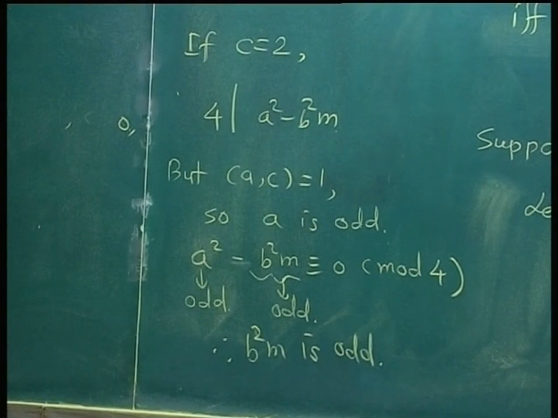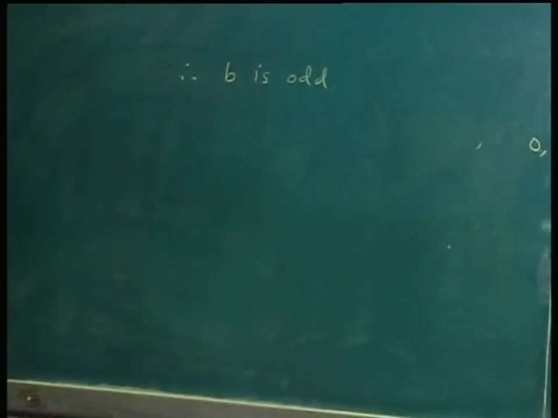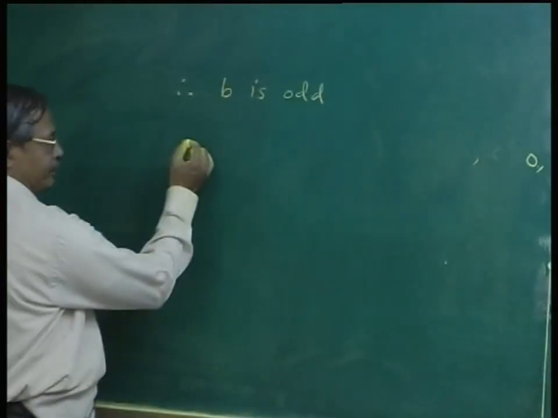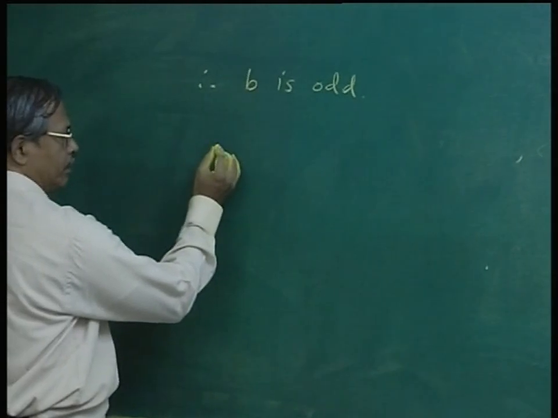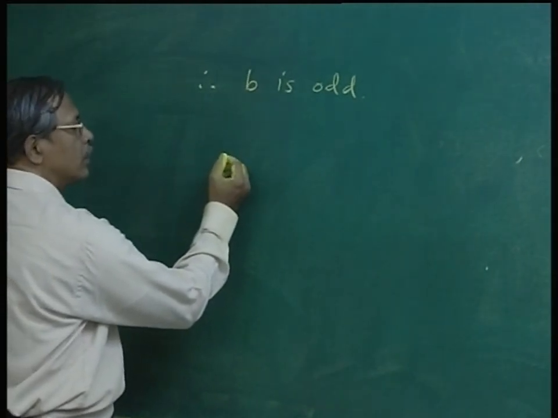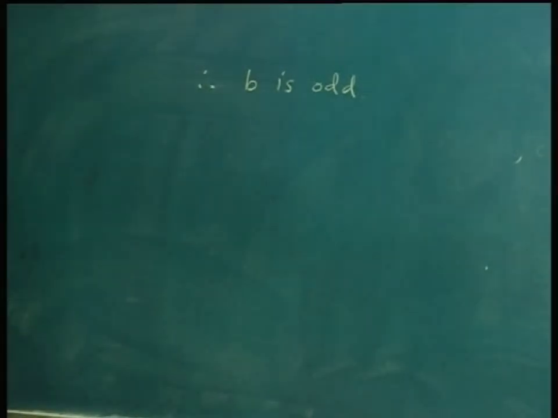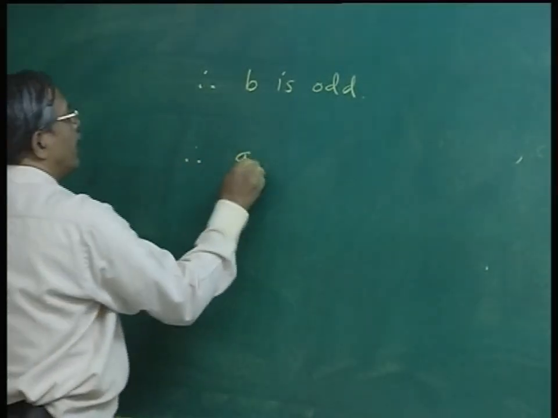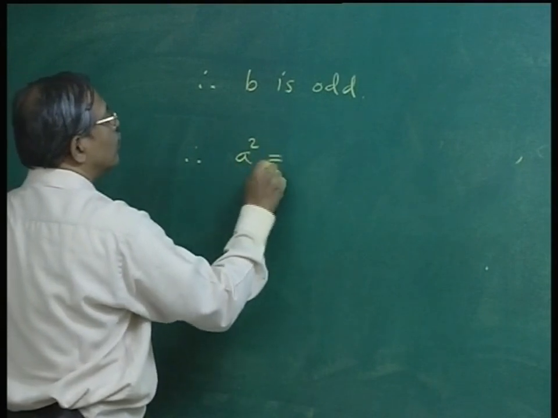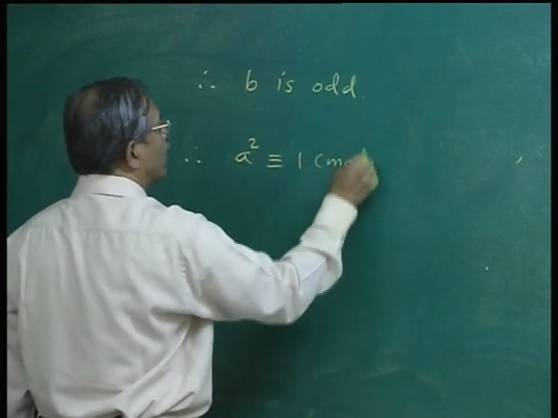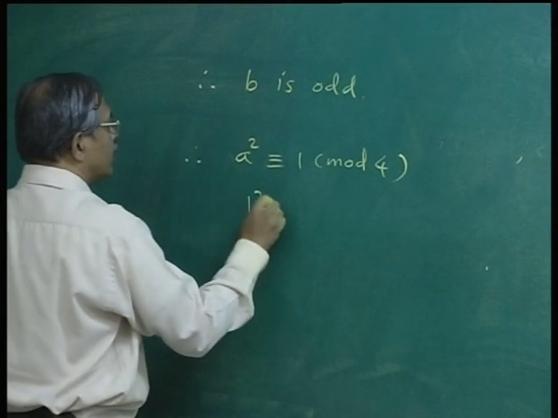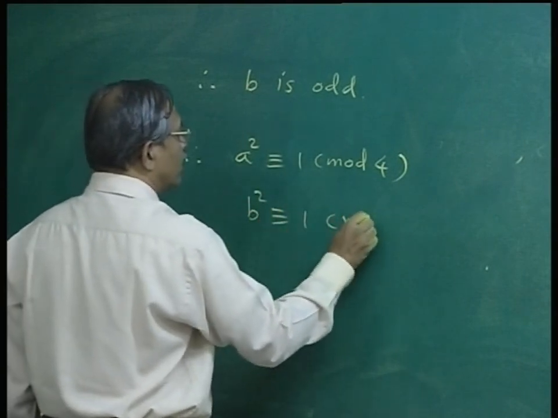Therefore b is odd. Now a square and b square, they are both 1 mod 4. A square is congruent to 1 mod 4, b square is congruent to 1 mod 4.